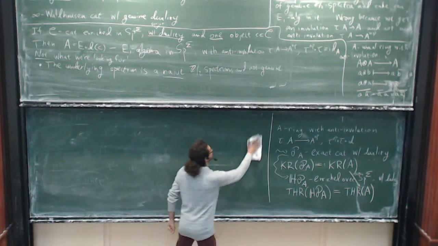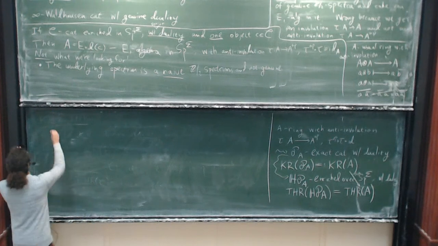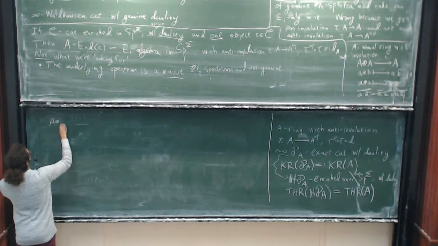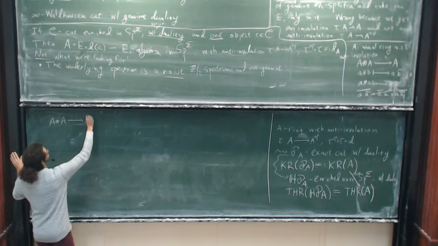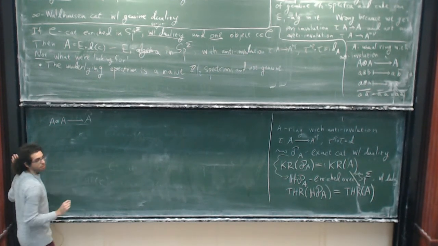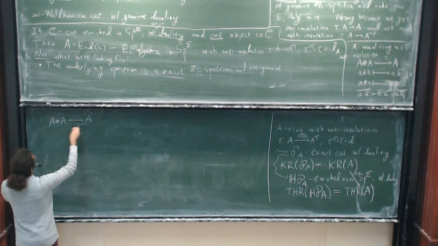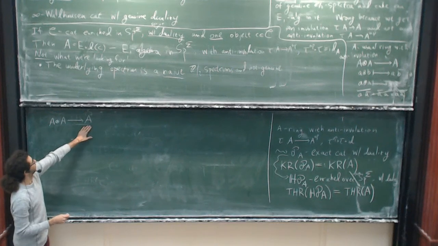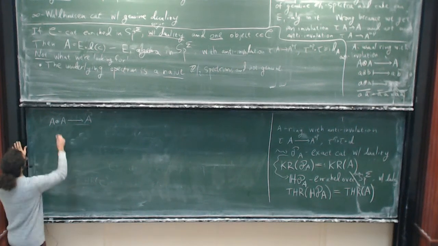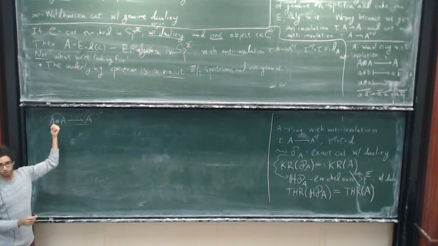So to summarize, we have a map from A tensor A to A. Here we have an involution. Well, not really, but okay. On the underlying spectra, we have a Z/2 action here, and we also have a Z/2 action here that just flips the coordinates.